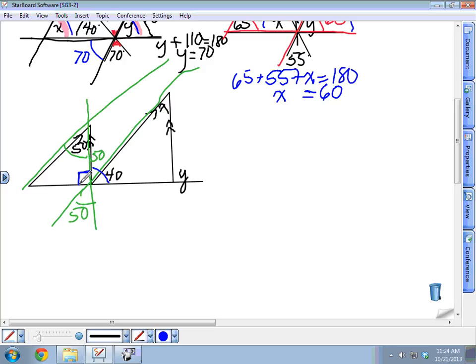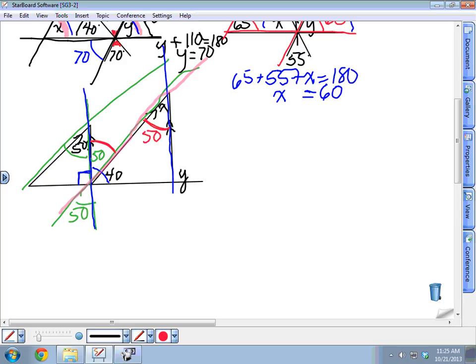Let's look at our other pair of parallel lines, this line and this line. Those are parallel, and they are cut by this transversal. And isn't x an alternate interior angle now to 50? Yes. So x is equal to 50.